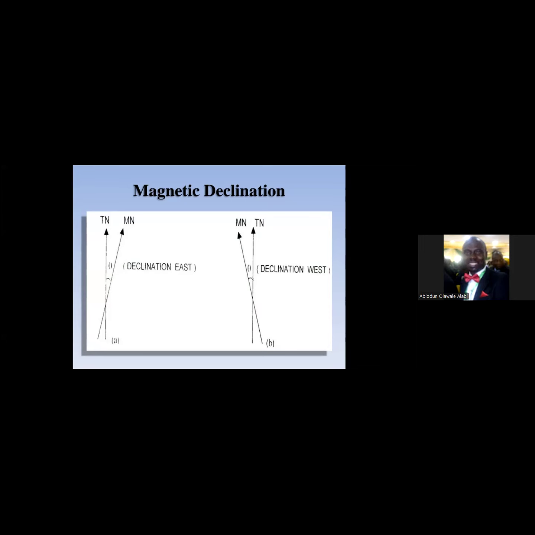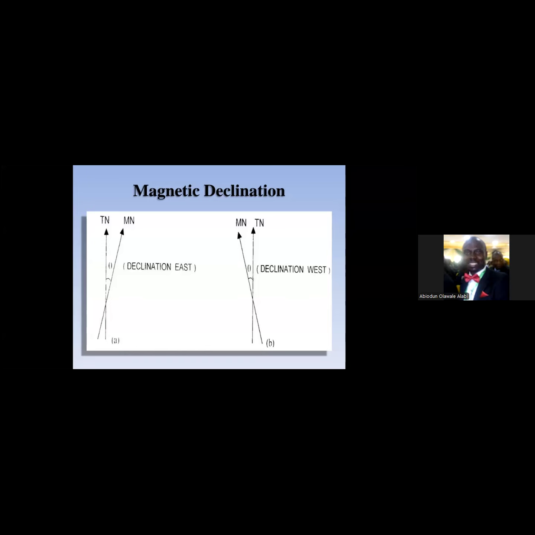When the north end of the magnetic needle points towards the east side of the true north or the true meridian, we have the declination east.